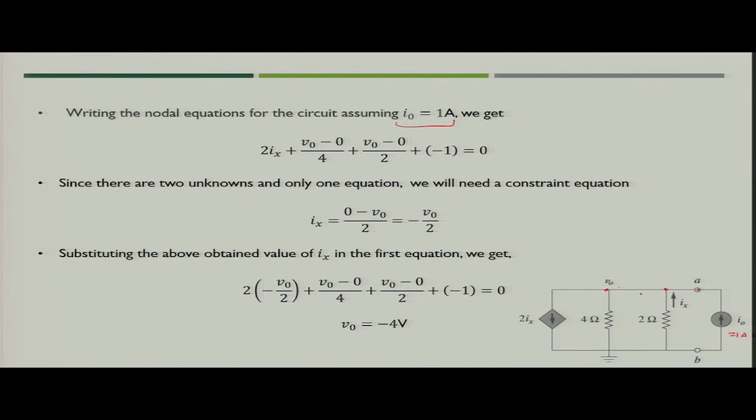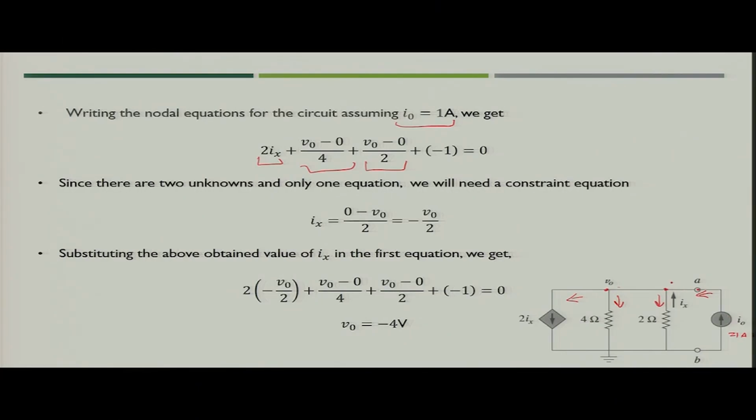So, at this node if you apply Kirchhoff's current law, the first thing is that the current going outside is 2 I x, another current going outside is V naught by 4, another current going outside of this node is V naught by 2, and then the current going inside is the current I naught, because the direction of current I naught is in this direction.